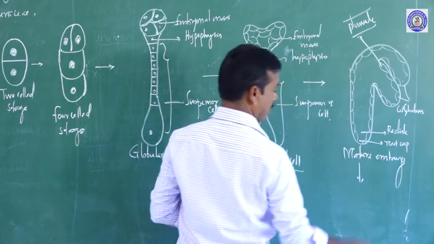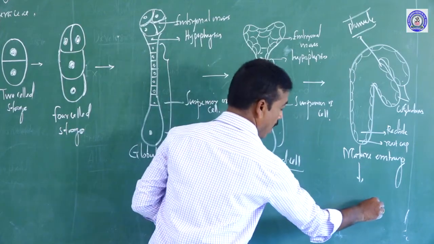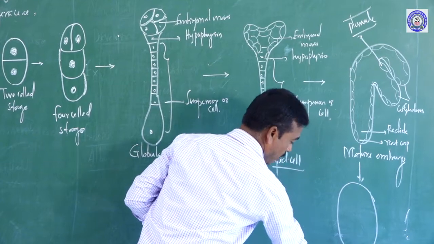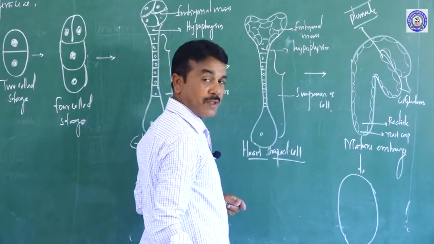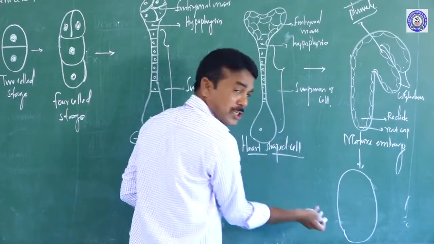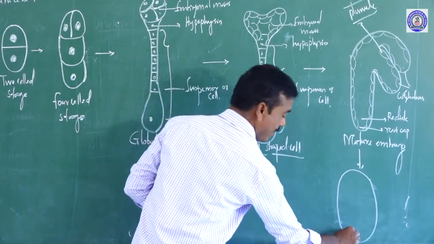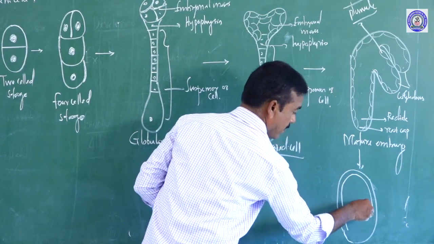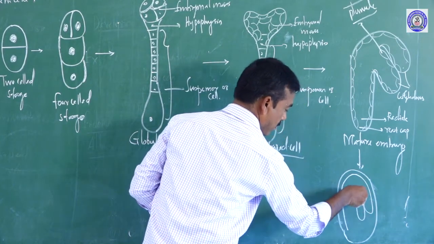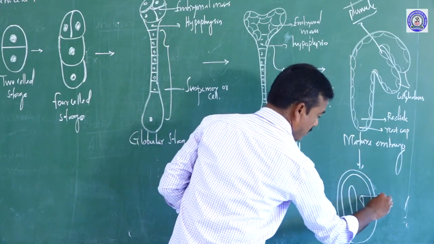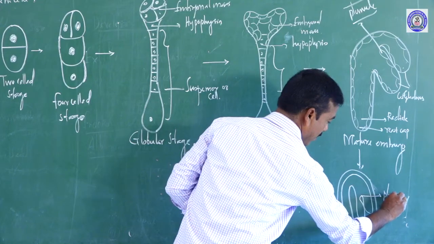The last one is how the mature embryo occurs in the structure of a seed. The same structure is present in a seed like this. This is the plumule.